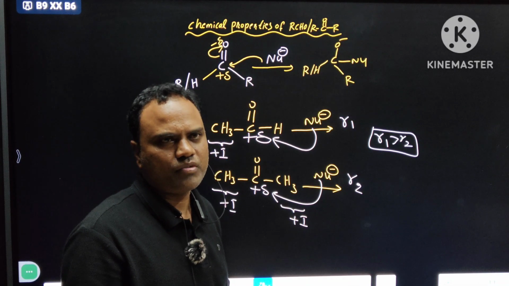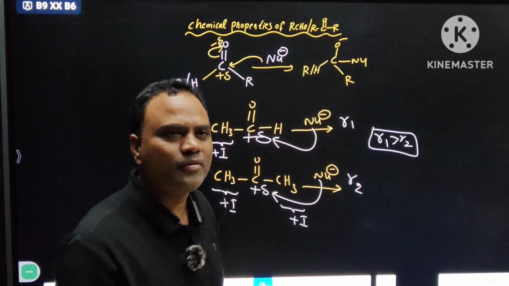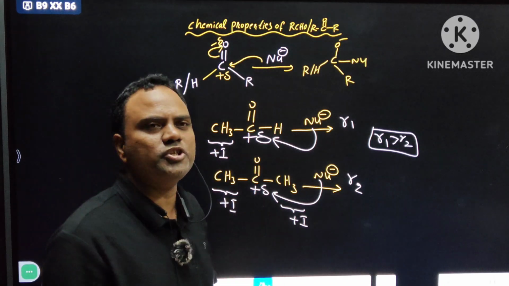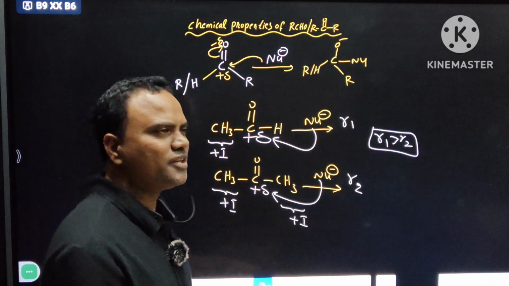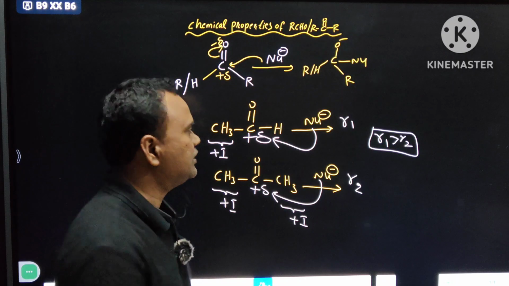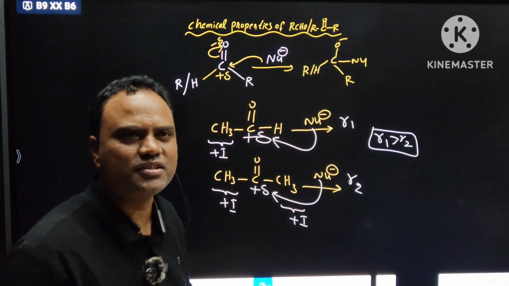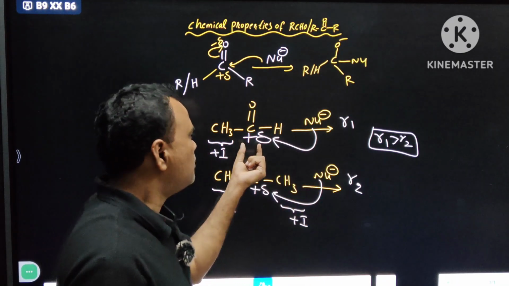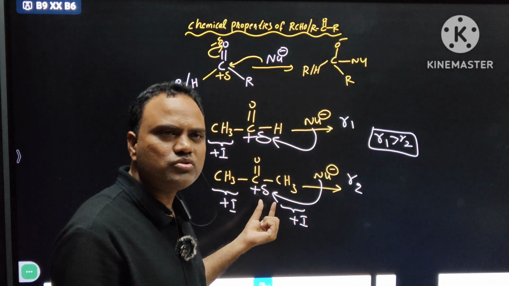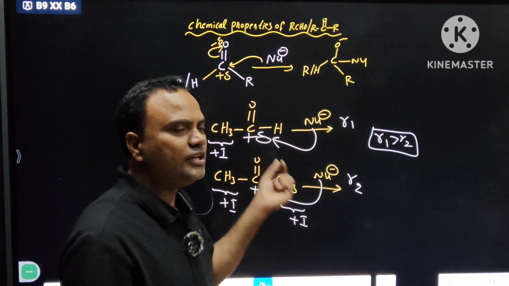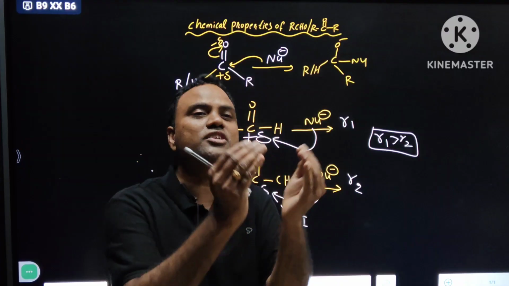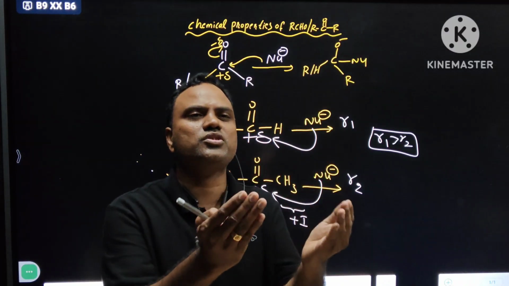Clear? But in case of aldehyde, only one side plus I group is present. This side plus I is not there. Clear? So compared to the positive charge in the ketone, in the aldehydes positive charge density is more, magnitude is more. Large positive is present.